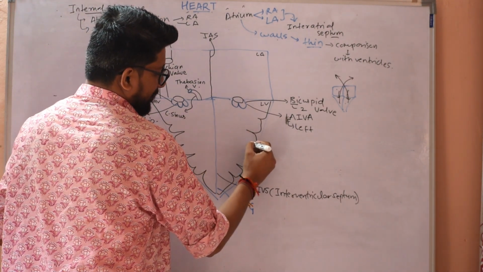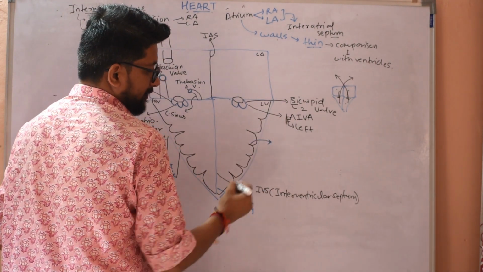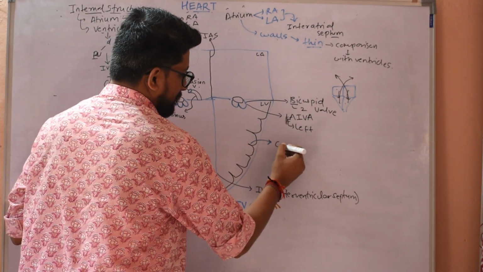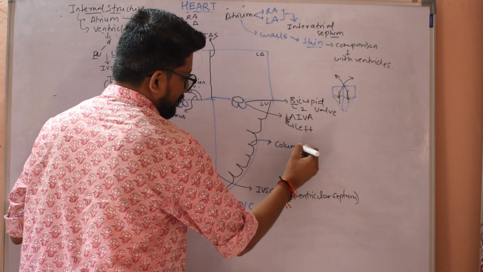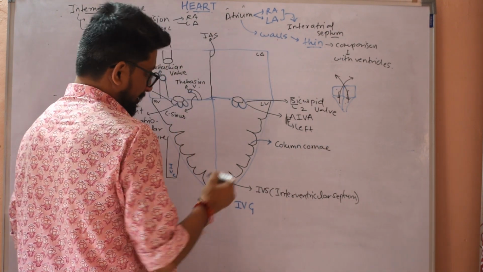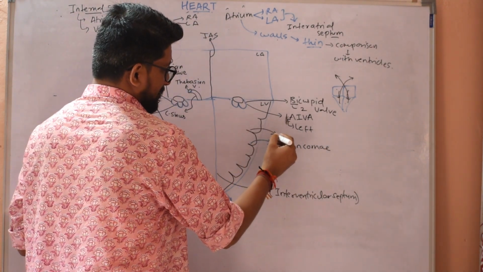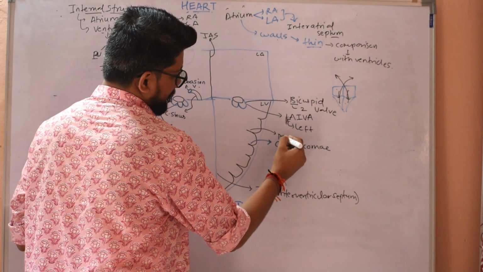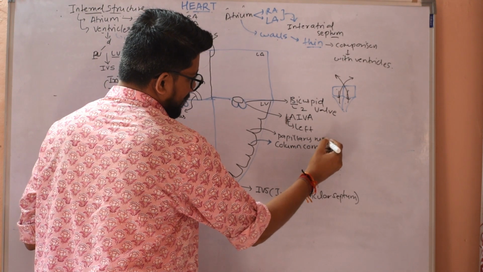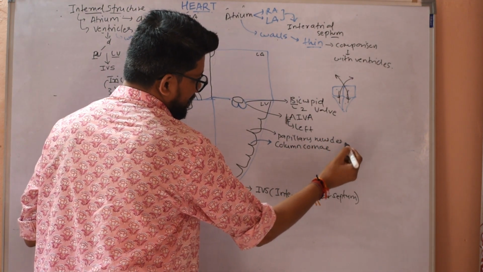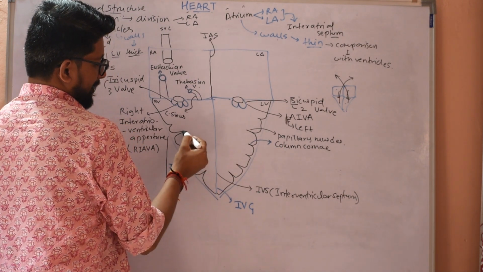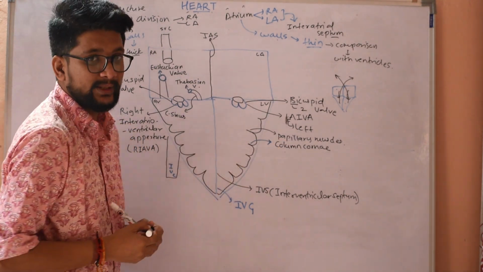Now as you can see from this structure, this is the smaller muscle which is known as columnae carneae, and the bigger muscles are known as papillary muscles.